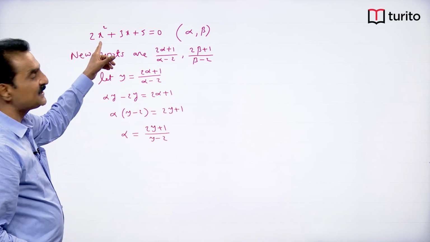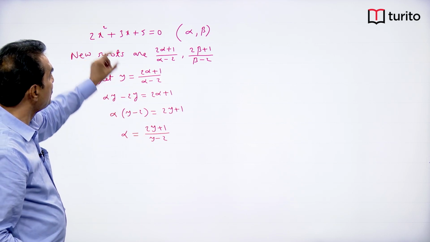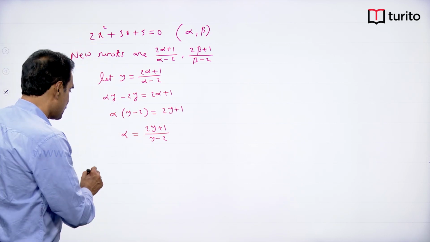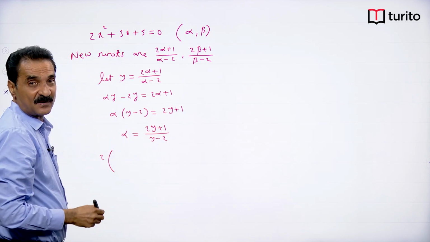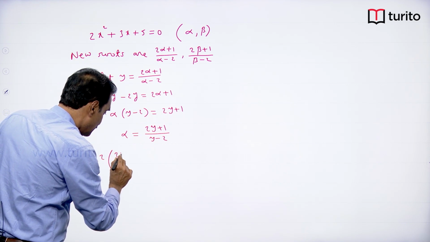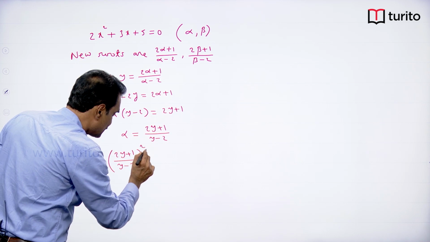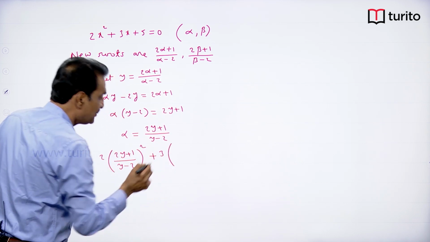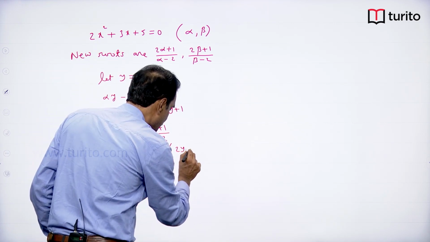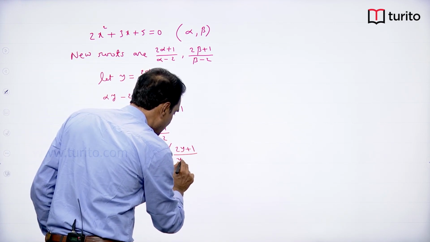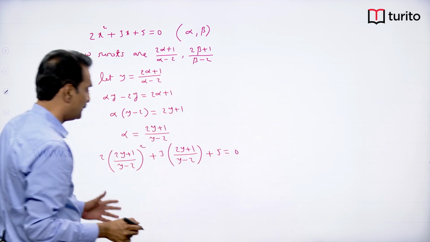Now, alpha is a root of this equation. Therefore, I will substitute 2y plus 1 by y minus 2 in place of x here. So, 2 into 2y plus 1 by y minus 2 whole square plus 3 into 2y plus 1 by y minus 2 plus 5 equal to 0.